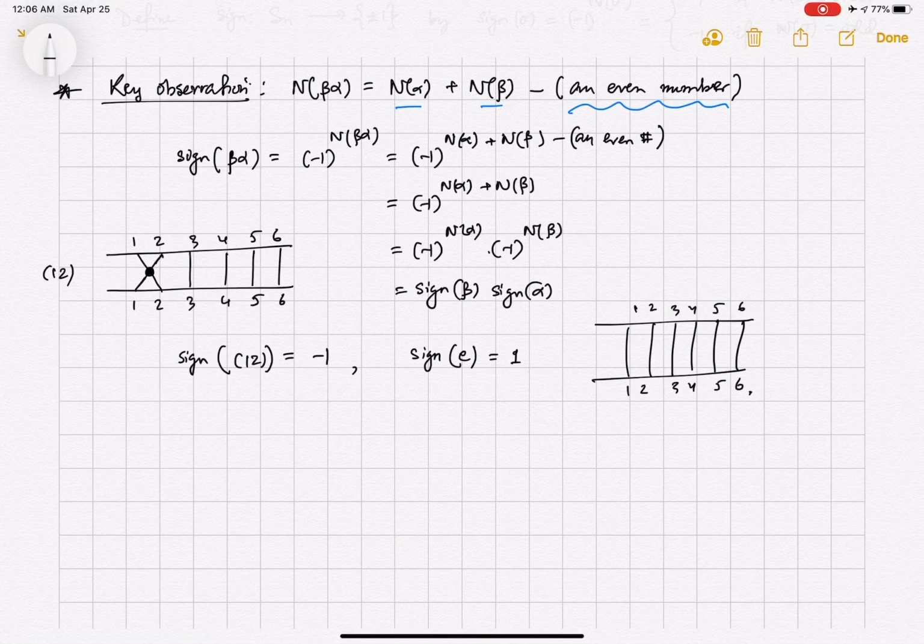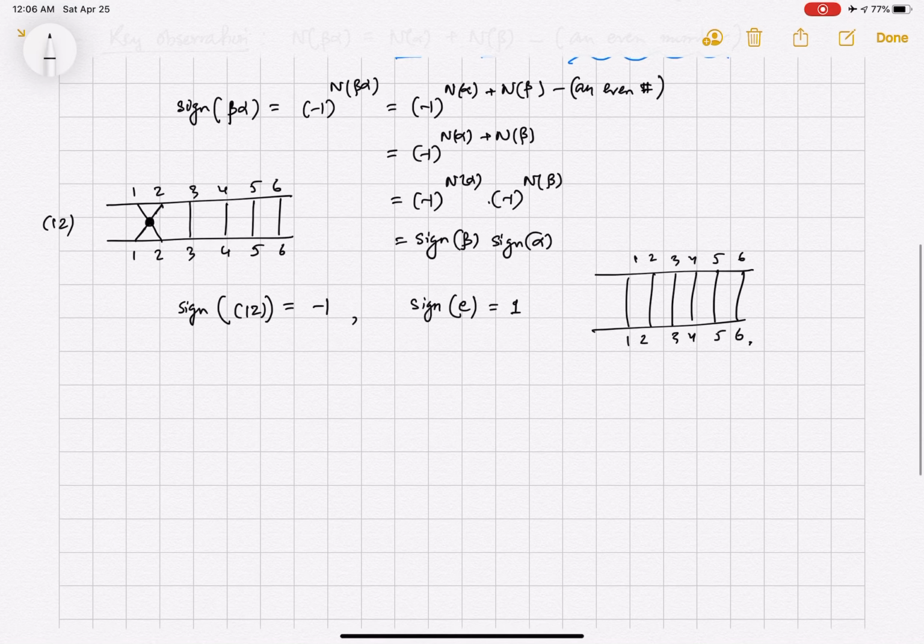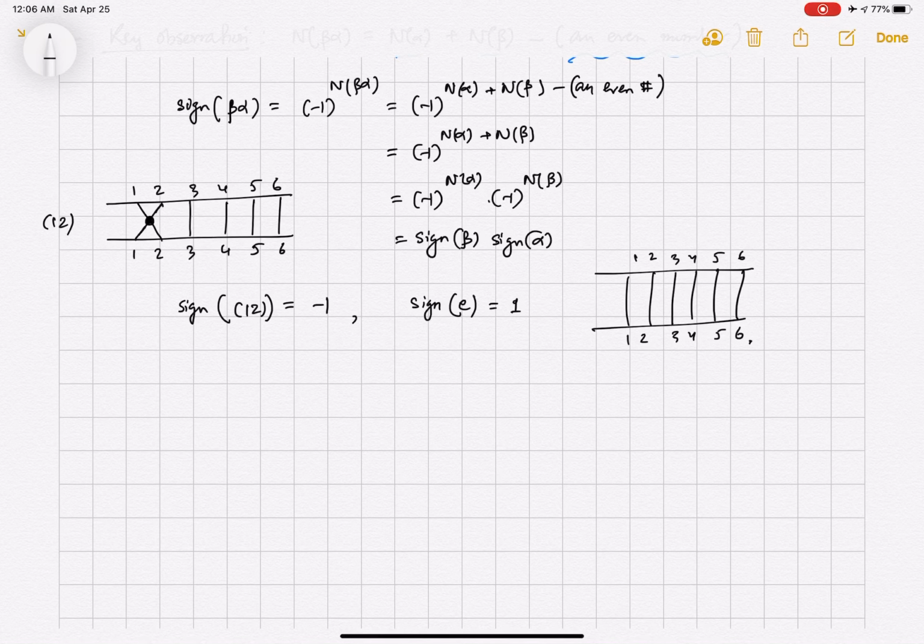And once you have this homomorphism, that lets you define a very, very important subgroup of Sn called the alternating group. It's the kernel of this homomorphism. It means it's all sigma that have sine 1, meaning for which this picture, this graph, has an even number of crossings.